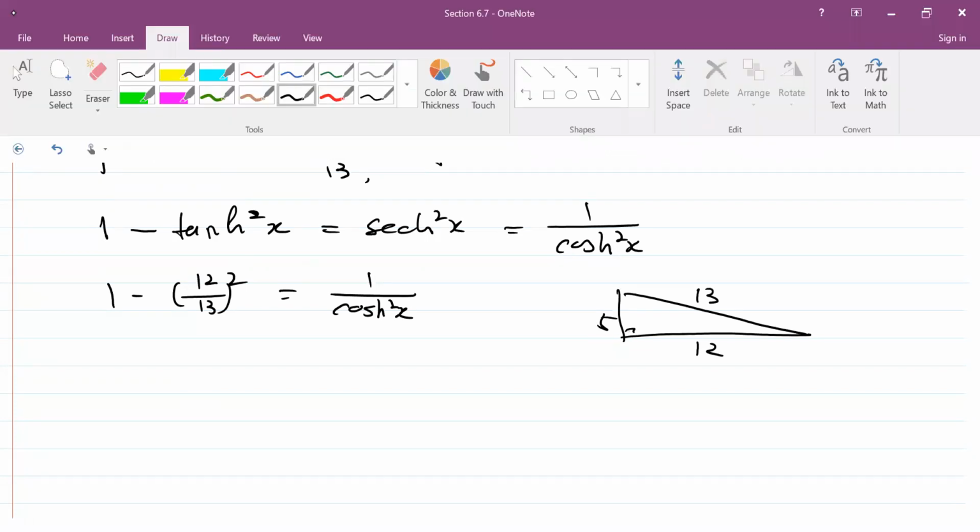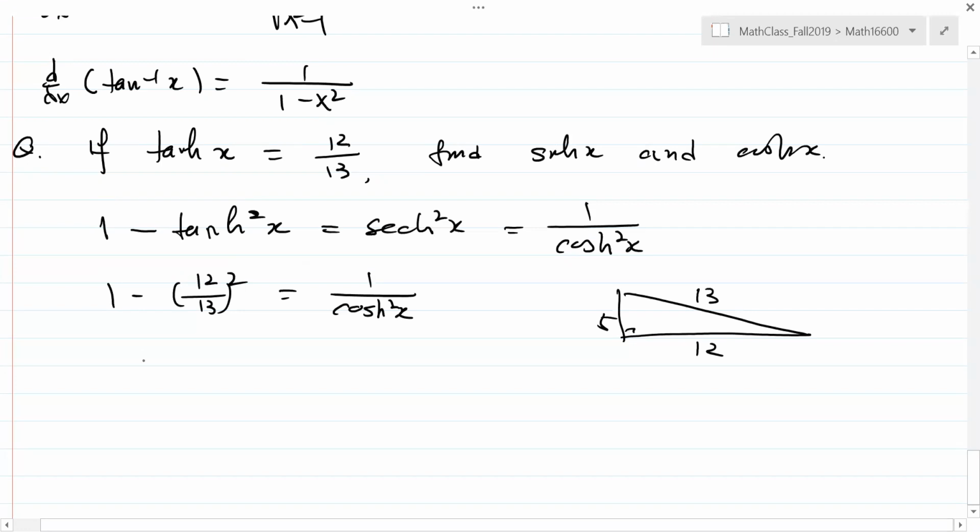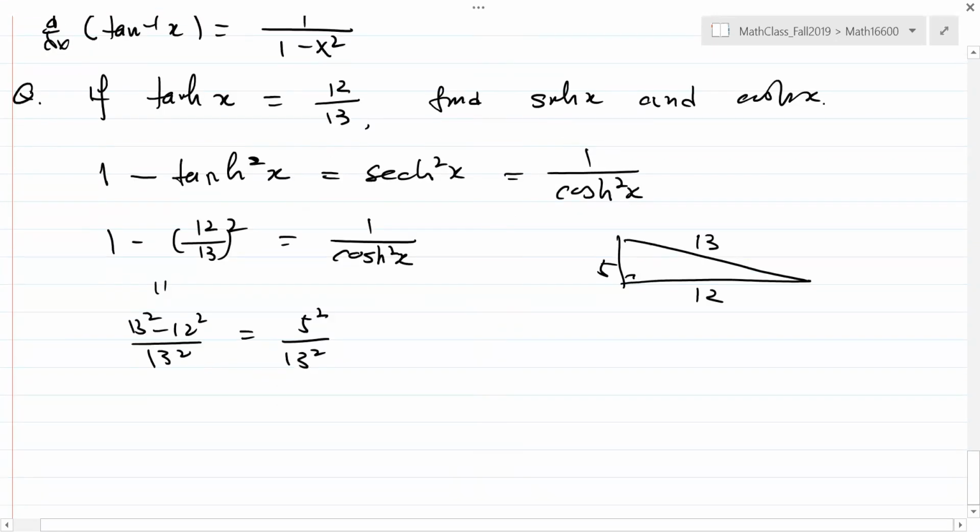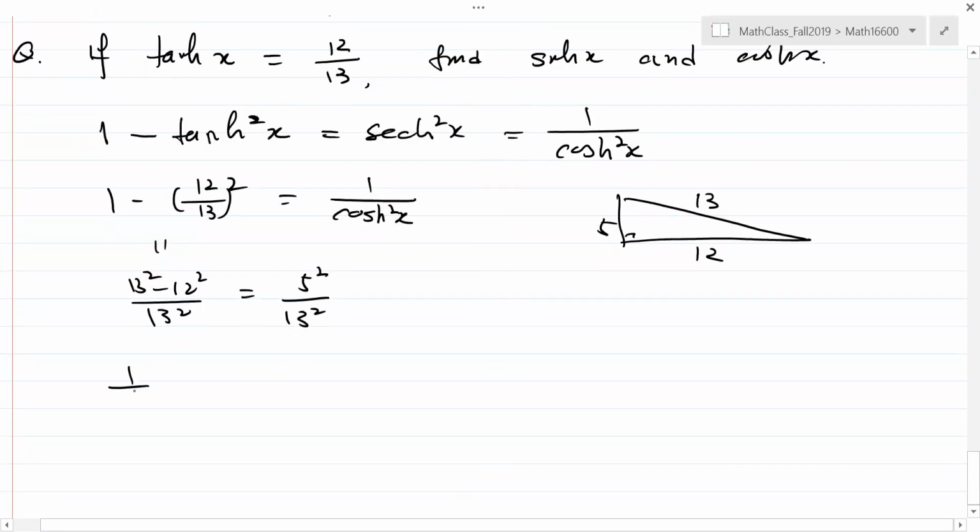That helps you quickly do the computation because this is 13 squared minus 12 squared, which is just 5 squared. So it's 5 squared over 13 squared. That means 1 over hyperbolic cosine x is going to be 5 over 13, so hyperbolic cosine x is going to be 13 over 5. Hyperbolic cosine x is always positive, so don't worry about that.